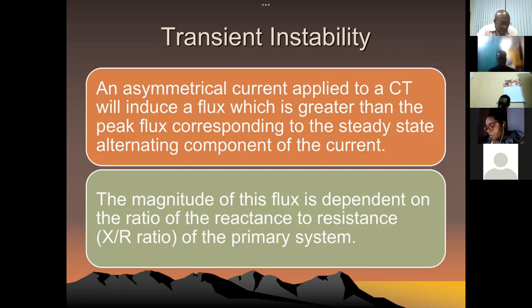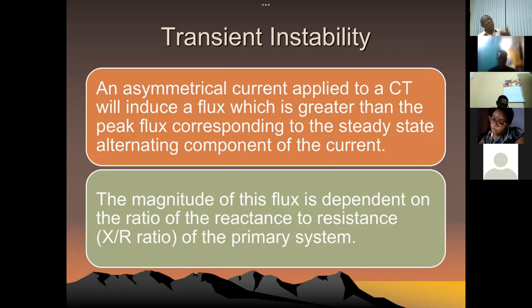And based on this X to R ratio, the possibility now exists that we can have saturation. And that is what we are going to be looking at. What happens if my CT saturates?